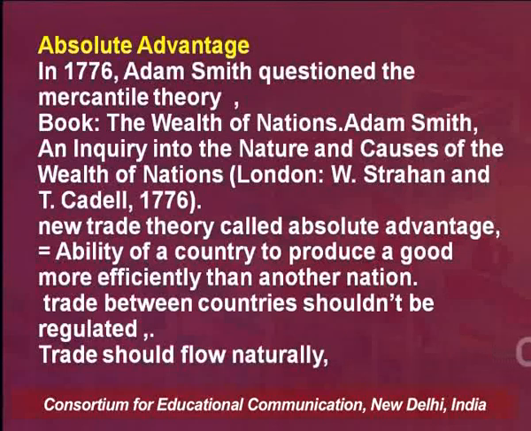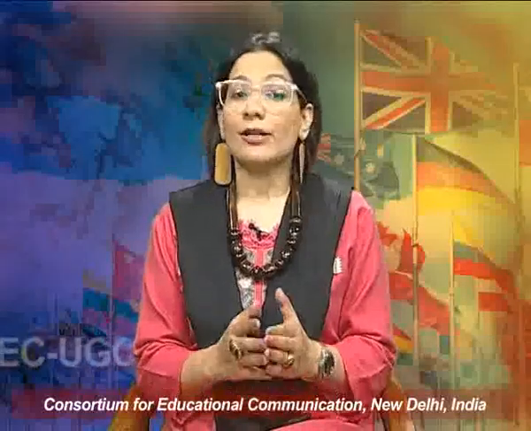Now, what does this absolute advantage imply? It is the ability of a country to produce a good more efficiently than other nations, and most important, that trade should flow naturally. The perspective from laissez-faire is that trade between countries shouldn't be regulated.